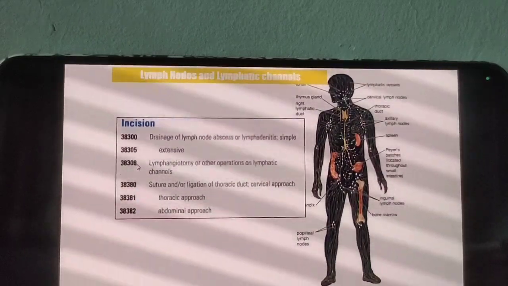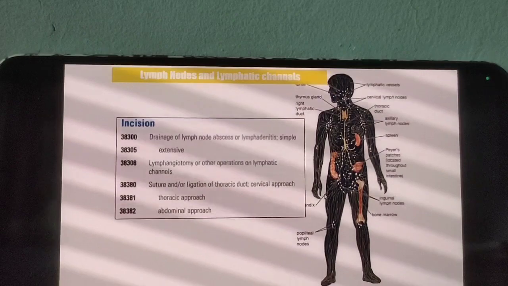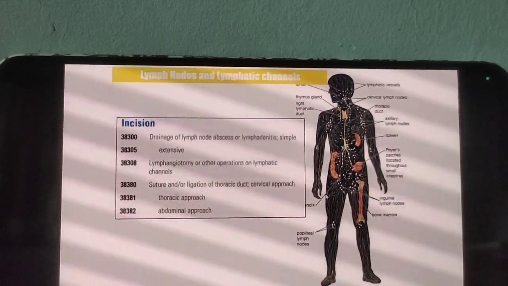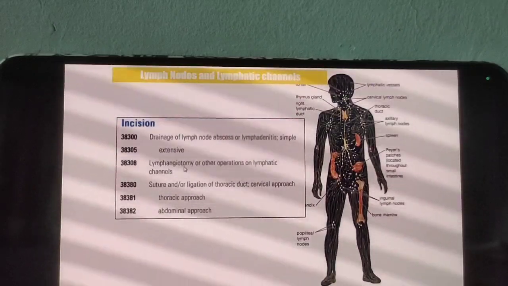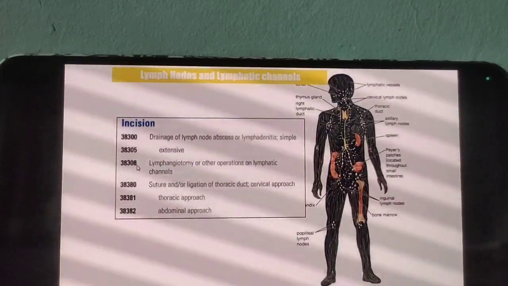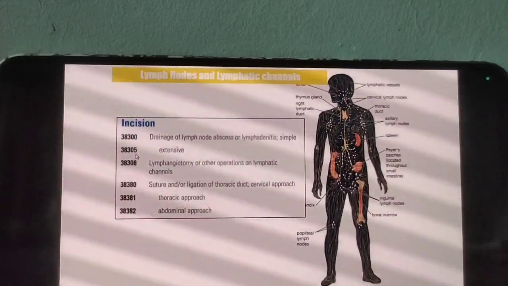Then 308 for lymphangiectomy. Doctor makes a cut on the lymph node. Lymphangiectomy is a key term for 308.